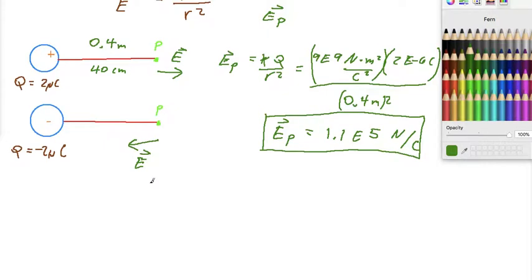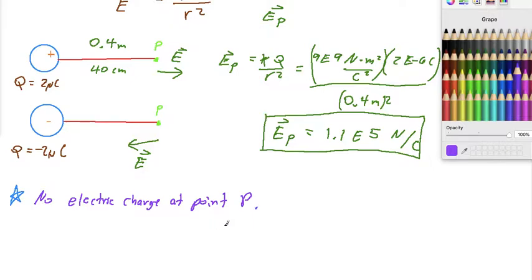Alright, so now just some simple things to mention to get out of the way. Reminders. One big one is there is no electric force at point P. Now you may be wondering, oh, why?